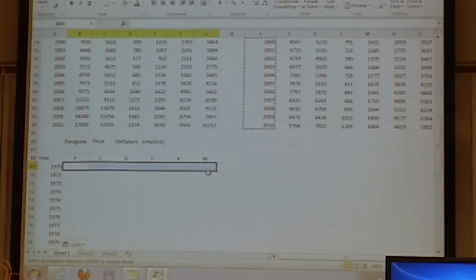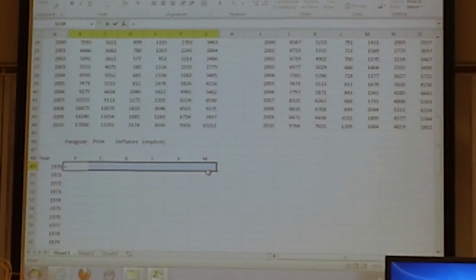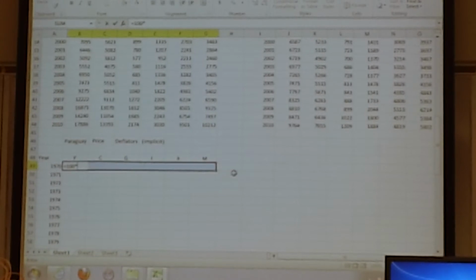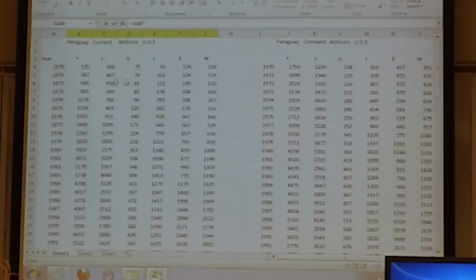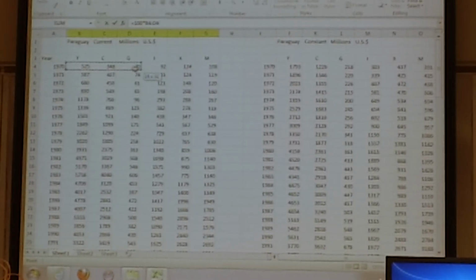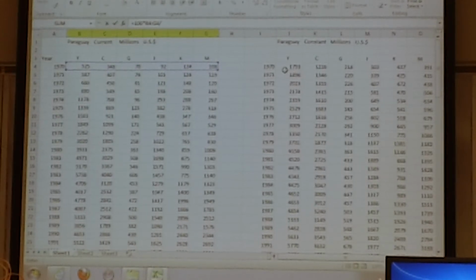So here's how we get it. Highlight that, equals 100 times, we take this over here for the current and we divide it by the same line here.